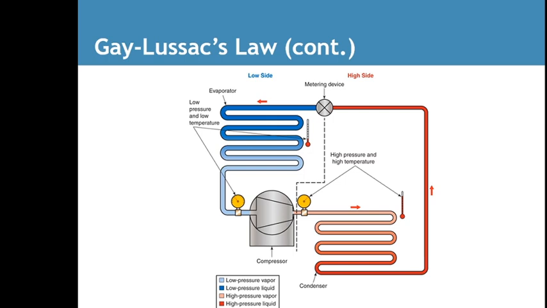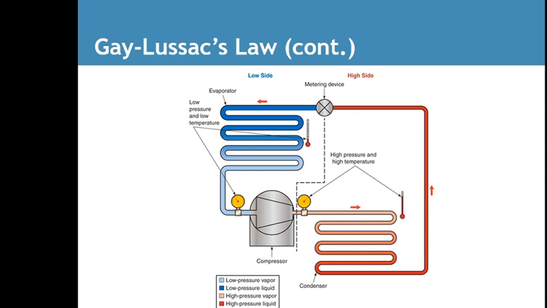Now, we use this picture a lot in our refrigeration PowerPoints. This is a standard refrigeration cycle. It starts at the compressor, goes to the condenser, which condenses the gas to a liquid, goes upwards to a metering device at the top, goes through the metering device, and it spits a little bit of refrigerant out at a time.